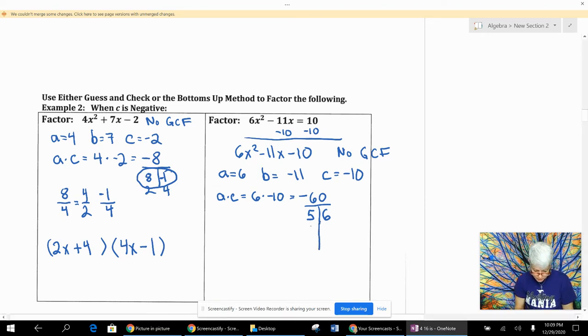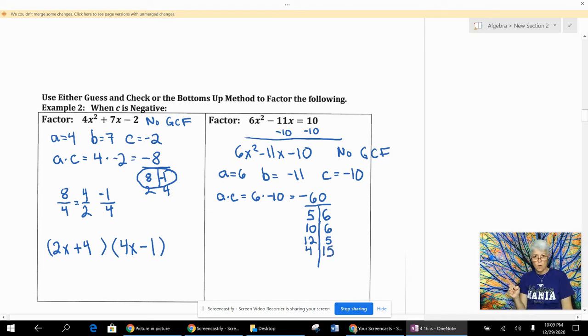So let's see what I got here. I know I have a 10 and a 6. That's not going to work. What else do I have? 12 and a 5. That's not going to work. I have a 4 and a 15.